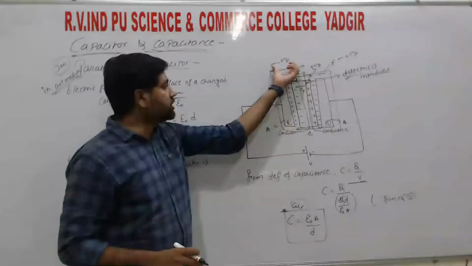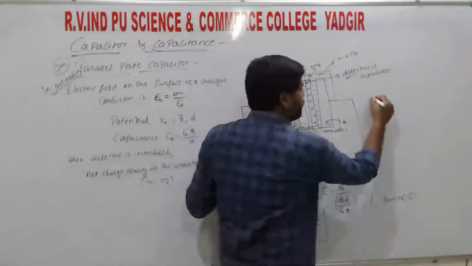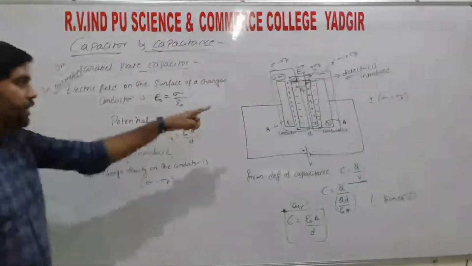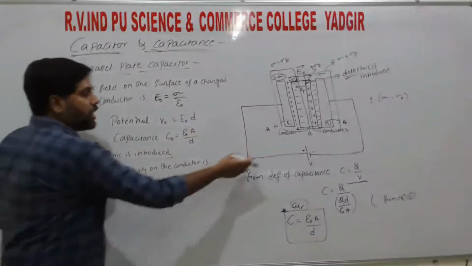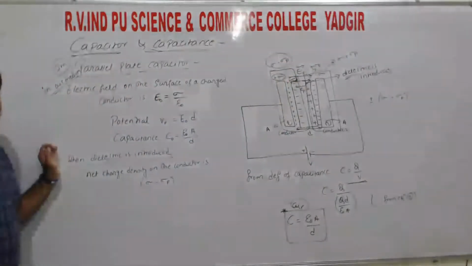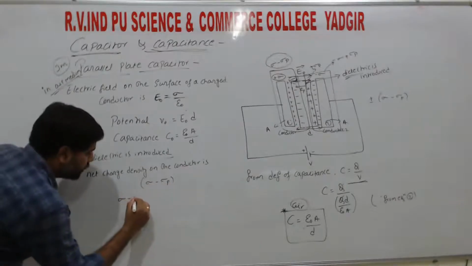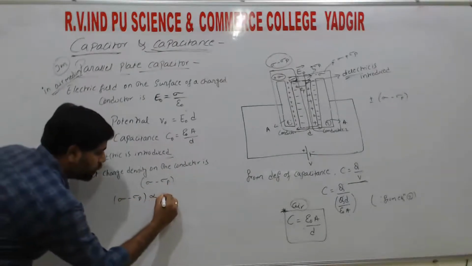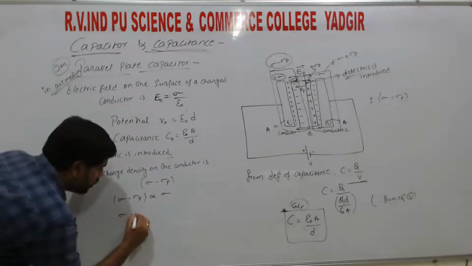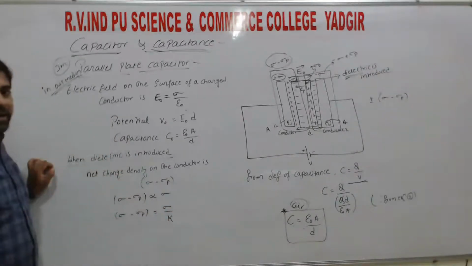This gives the net charge density on the first conductor; comparing with the other conductor, we can write plus or minus sigma p, and we can take either one. Here I take the first conductor, so the net charge density is sigma minus sigma p. Sigma p is proportional to the surface charge density sigma. So sigma minus sigma p is equal to sigma divided by K.